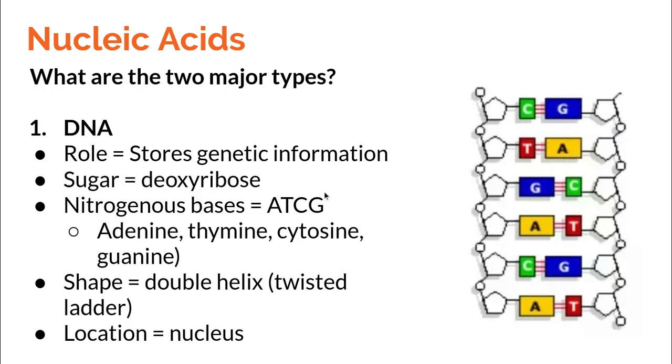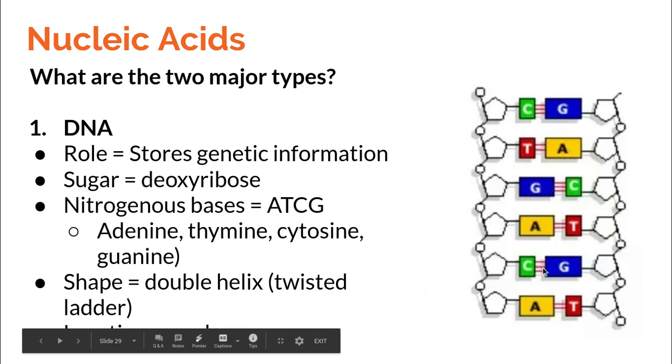So in DNA, there are 4 different nitrogenous bases that you can have. A, T, C, and G for short. But those are adenine, thymine, cytosine, and guanine. And as you can see here, adenine and thymine always bond with one another, and cytosine and guanine always bond to one another. So this is the structure of DNA when it's unfolded and looks like a ladder, and then when we twist it, it gets that double helix shape. So that's the shape of the full molecule.